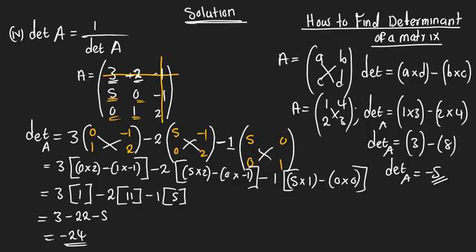Now the question was saying we prove that the determinant of A inverse is equal to 1 over the determinant of A. So we found the determinant of A to be -24, equal to 1 over negative 24.